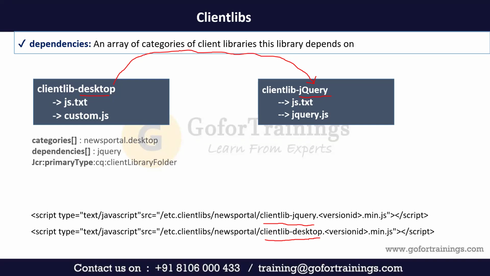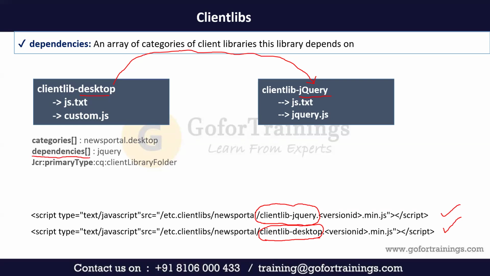It will return an error. So if there is any dependency, we should load those libraries first, then followed by desktop. If you are implementing a static website, you have to take care of this dependency management manually. But in AEM, we can define the dependency by using the dependencies property.